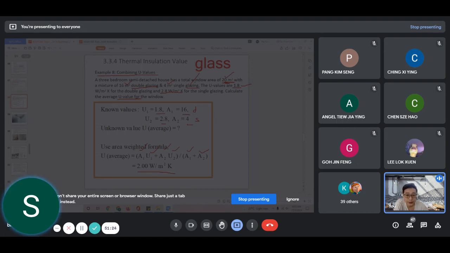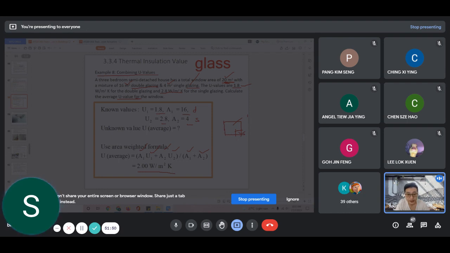For now, we are doing it for just this window area because they have something like this. So this part might be, just an example, single glaze and then the rest will be double glazing. So this gives you an idea on how a thermal insulation calculation can be like.